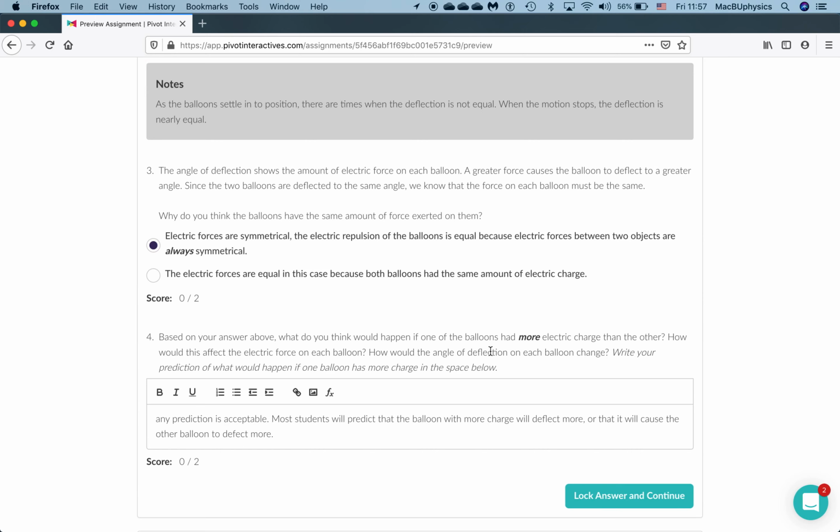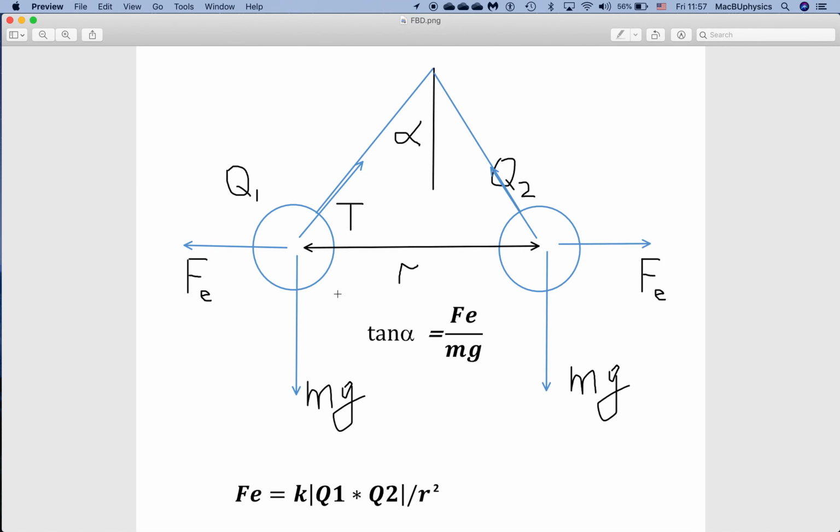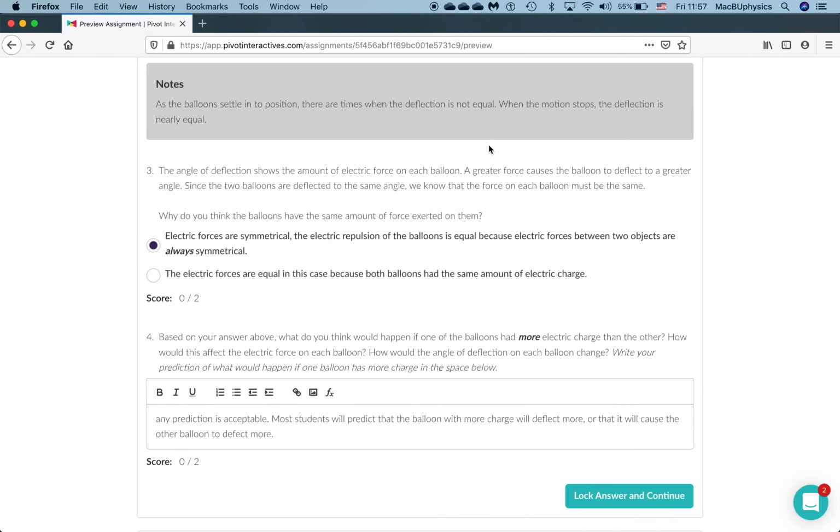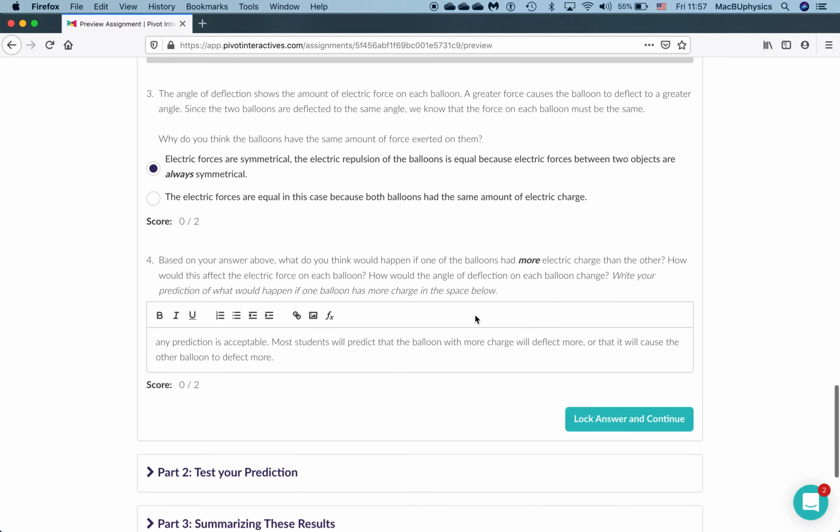Make a prediction. If one of the balloons had more electric charge, that would make the force stronger, but force acting on each charge equally stronger. So this angle would equally be increasing by the same amount.